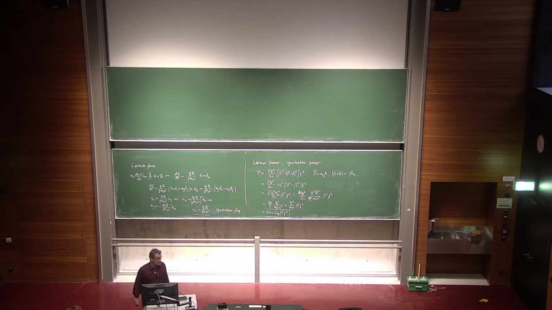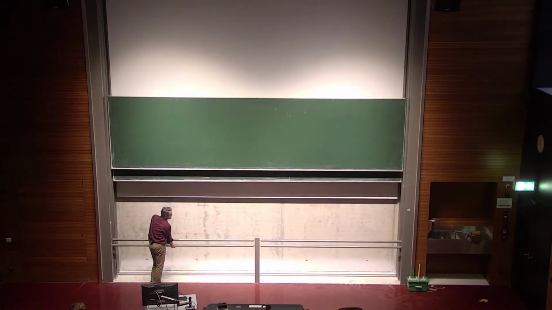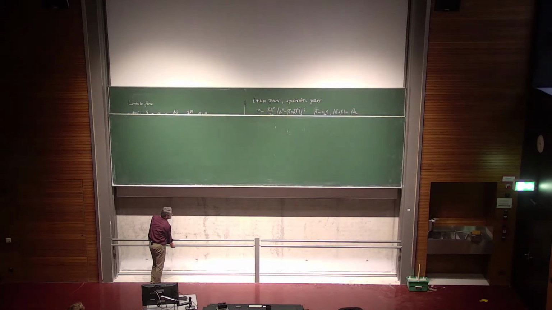All right, now we know how much the electron is radiating per unit time. But now we want to know where does it radiate this to? And how does that radiation distribute over frequency? So now I need to look at the differential Thomson cross-section, sorry, the differential Larmor power.